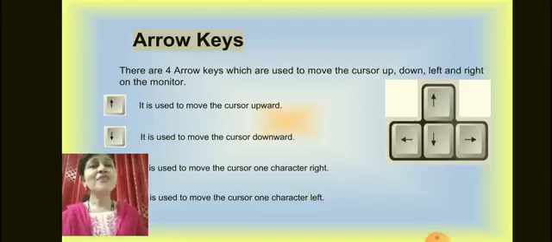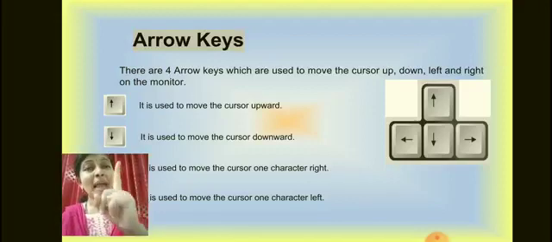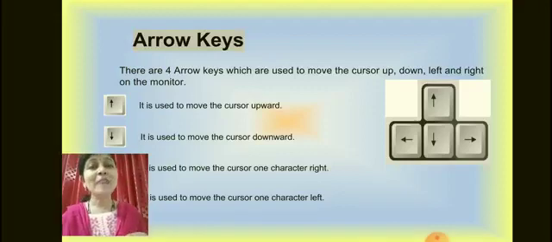So, what do these keys do? These keys help us to move upwards. If you want to go to the first line, then you have to press this up arrow key. It is used to move the cursor upwards. Now I have typed 2 sentences and I want to move up.